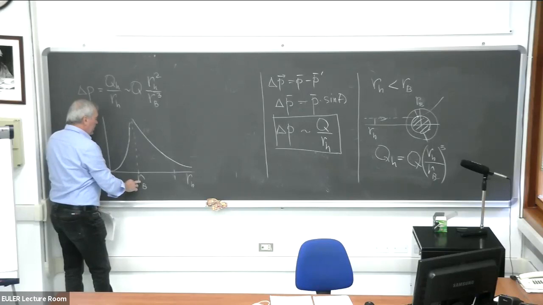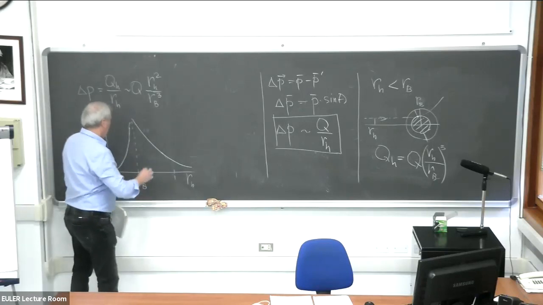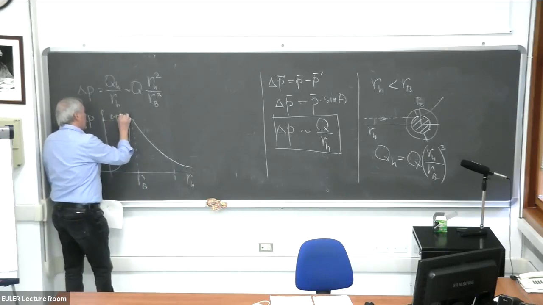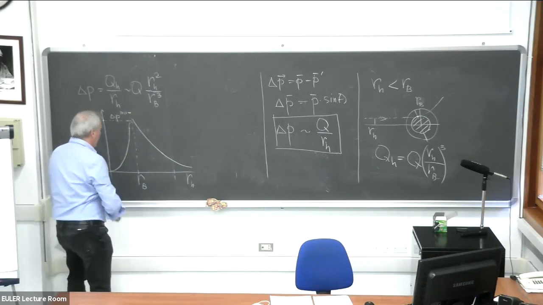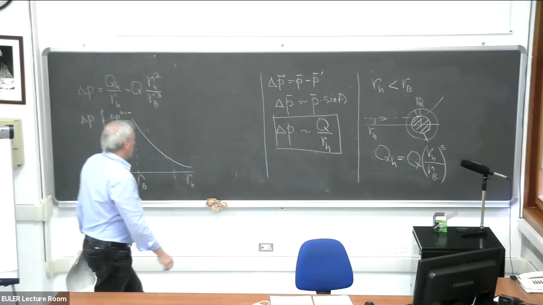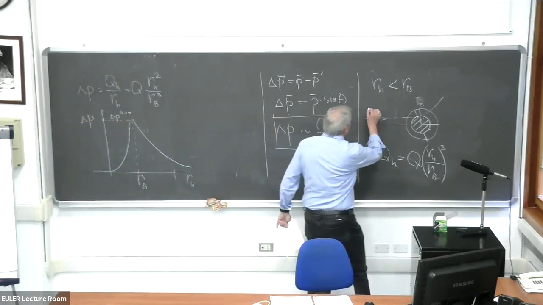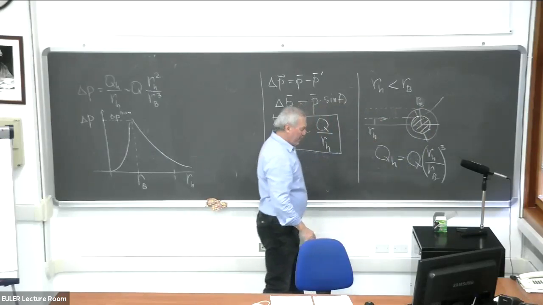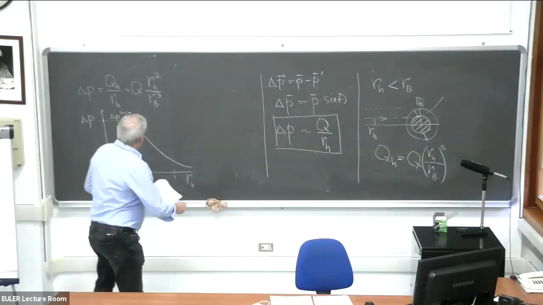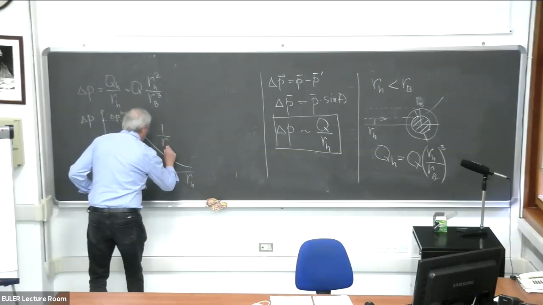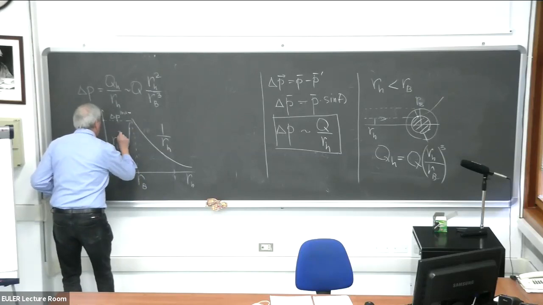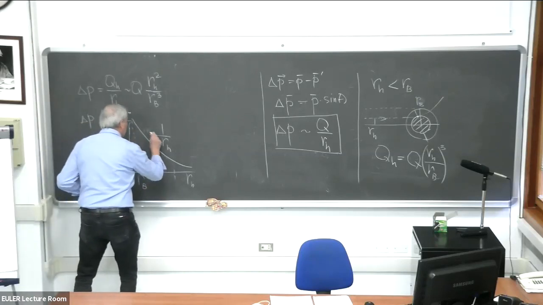At impact parameter equal to R_B, we have the maximal value. This is delta P maximal, which is achieved when the impact parameter equals R_B, which means that the particle moves exactly in this way. So here is 1 over R_H, and here is R_H squared. So this is the dependence.